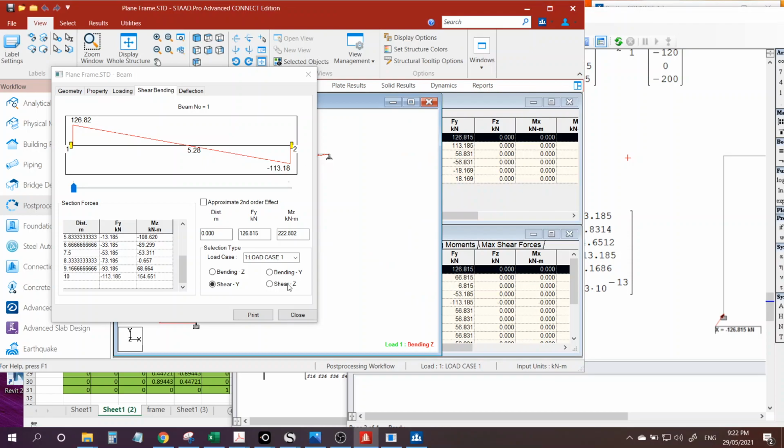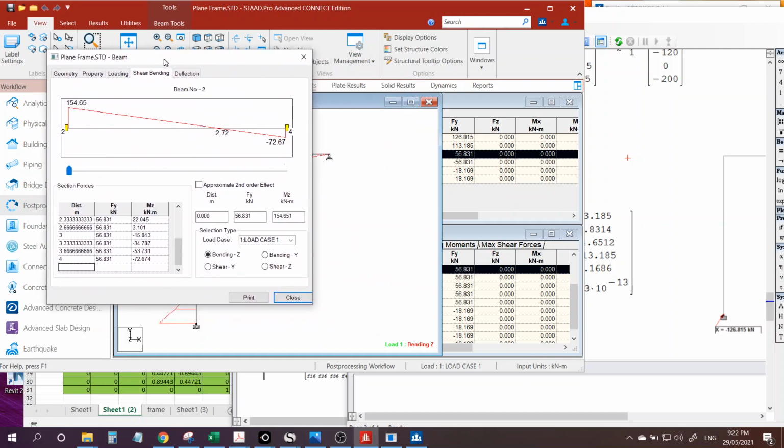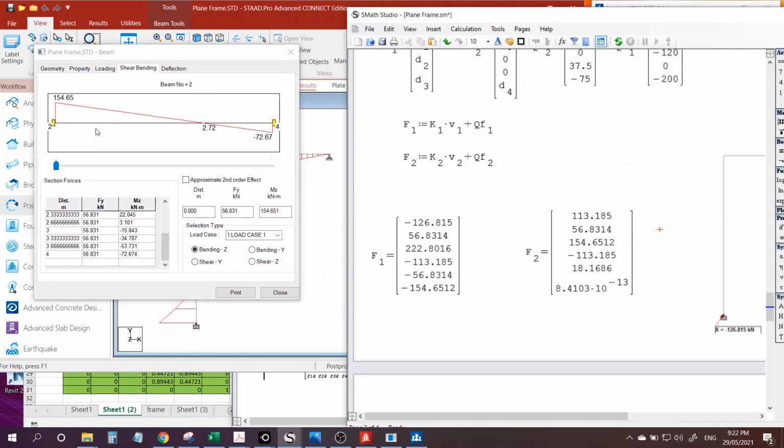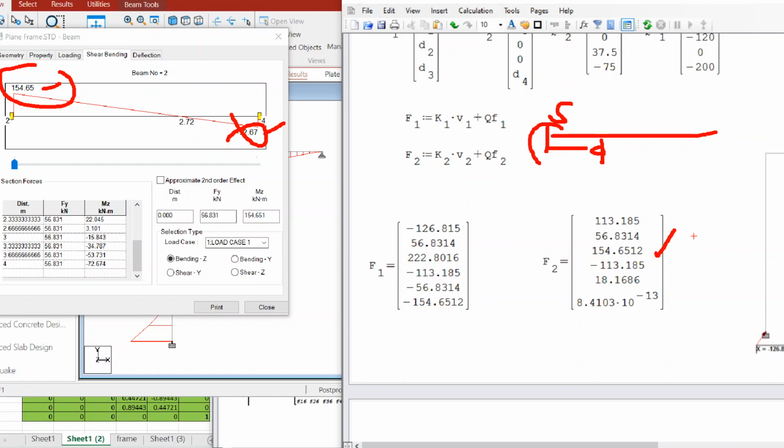For member 2, I'll double click this, shear and bending. So I got 154 and 72. No, not this one, because that's the other end. So 154, that's the moment. For member 2, this is code 4, code 5, code 6.